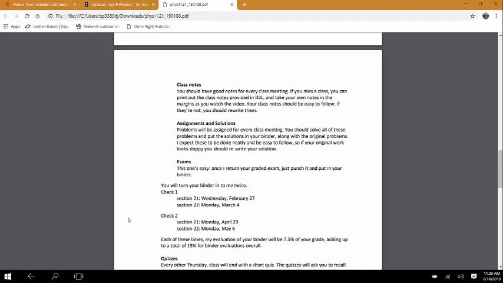April 29th is the second check for one lab section, May 6th for the other one. I chose those dates just based on where there's not stuff coming up for a little while, so you can go without your binder for a couple days. I try to get those back as fast as I can. That's why I have them staggered like that, so I just get half as many at once. I can race through those and then collect the next ones.